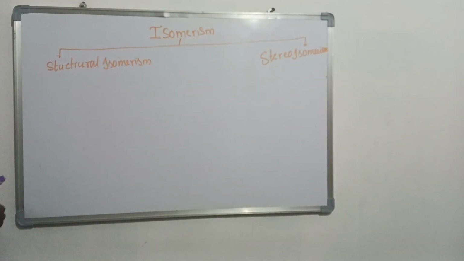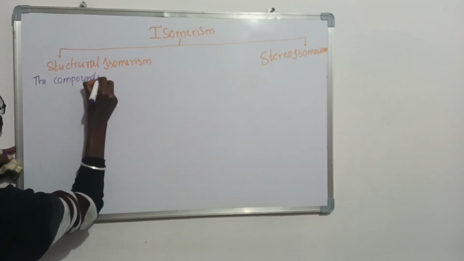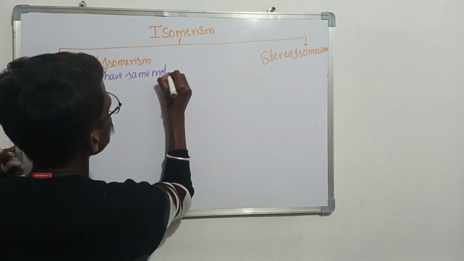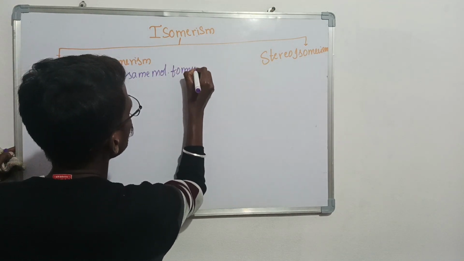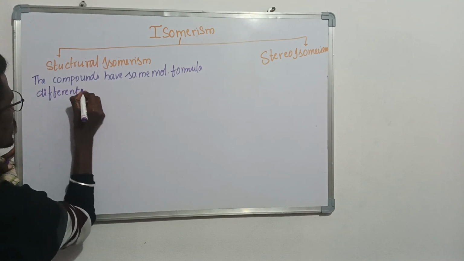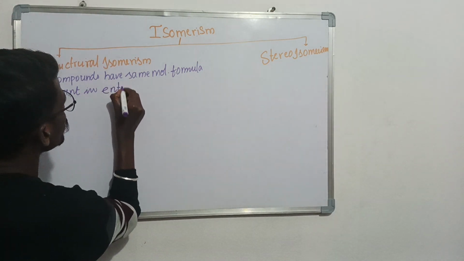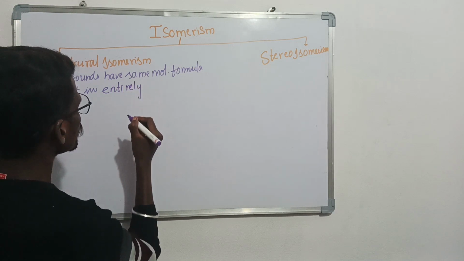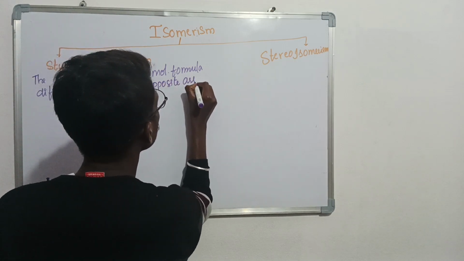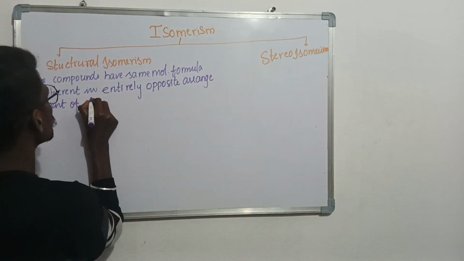We will discuss. The compounds that have the same molecular formula but differ in entirely opposite arrangement of atoms are called structural isomerism. It means the compounds having the same molecular formula, different in entirely opposite arrangement of atoms.